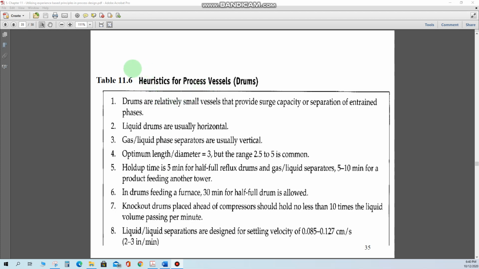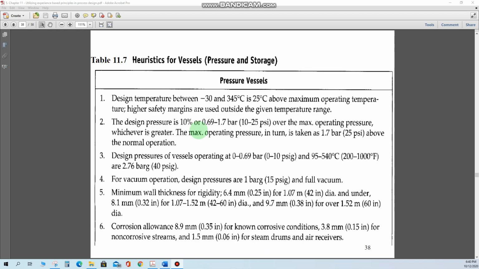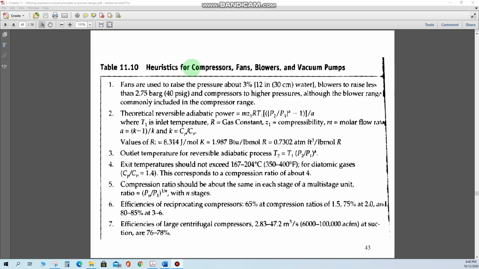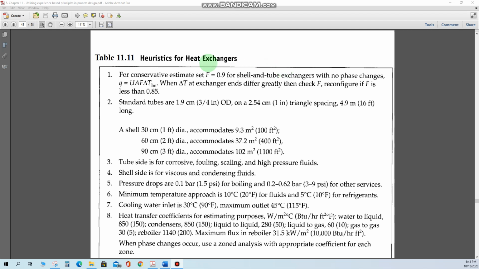Then in terms of the process vessels or the drums, you will find some of the heuristics. So we are going to use this one today also in the example. Similarly, you can find the heuristics on the vessels, pressure, and the storage drums. And if you move forward, you can find heuristics on the piping, and then on the compressors, fans, and heat exchangers.